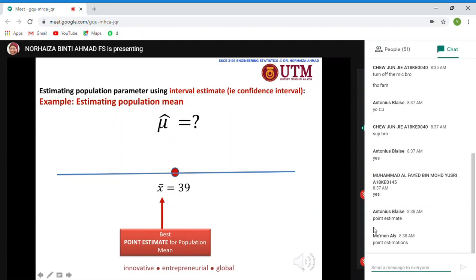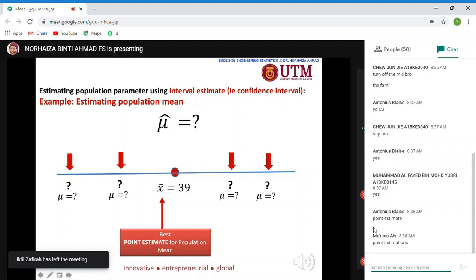To estimate the population mean, would this be the only possible value that you can use? It can be any other values, correct? It can be maybe this value, that value, or any other values. Basically, it can be any value on the line that you can use to estimate your population mean. It doesn't have to be just X bar.